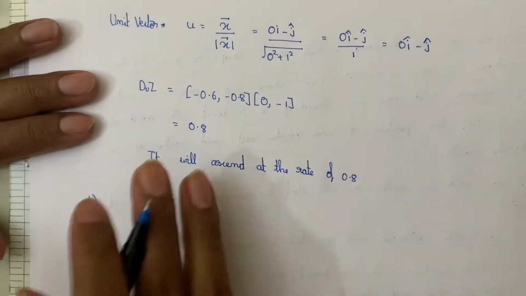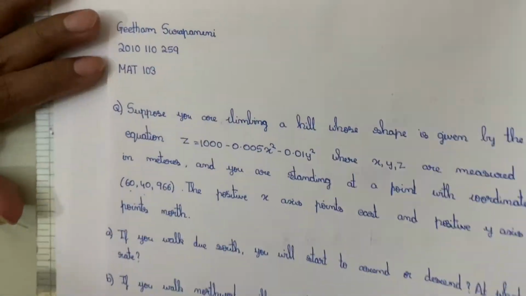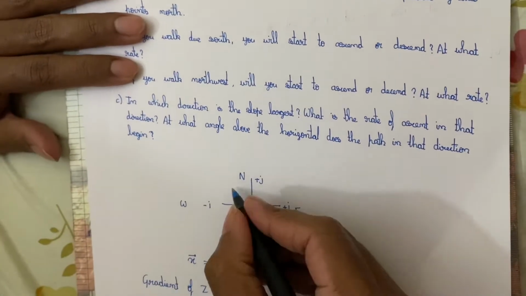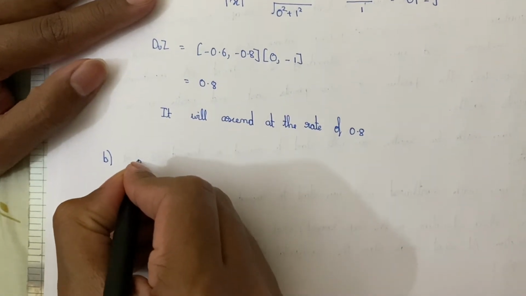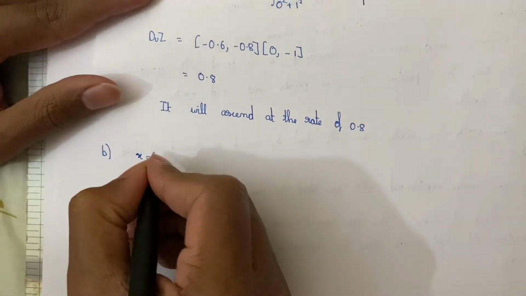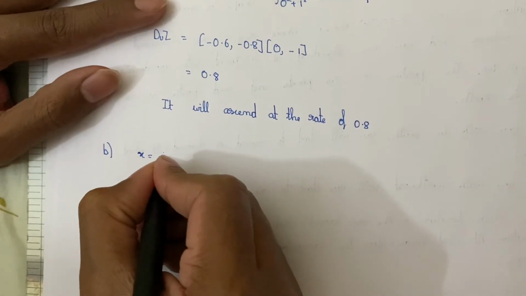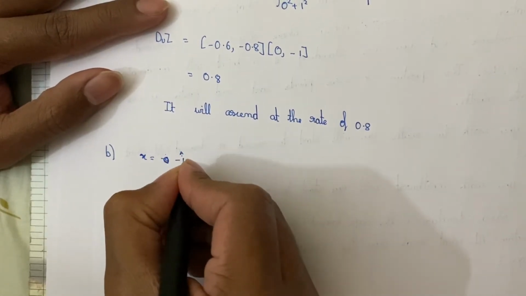Now the B bit is the northwest direction, which is this way. So x will be minus i plus j.